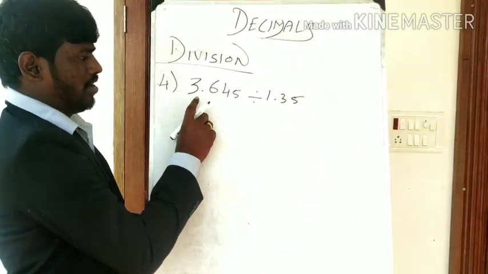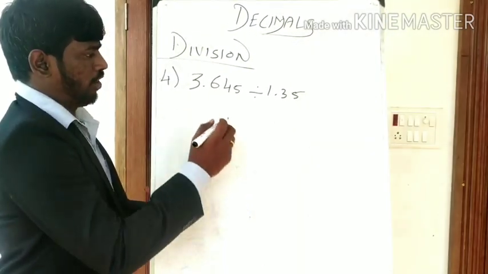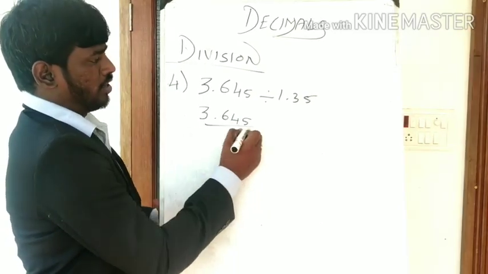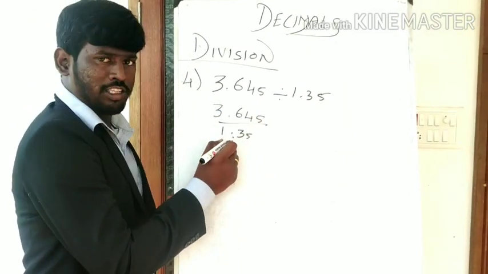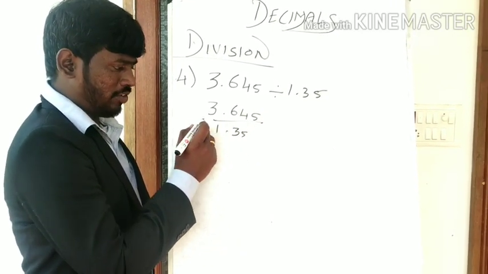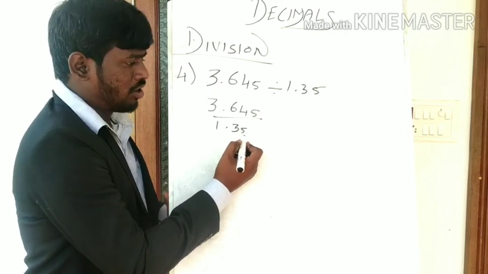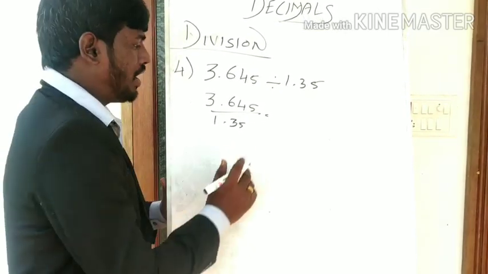Next question will be 3.645 divided by 1.35. I'm writing like this: 3.645 divided by 1.35. A decimal number divided by a decimal number. So I want to change the divisor into a normal number. I found two decimal places. So I have to multiply the numerator and the denominator by 100.